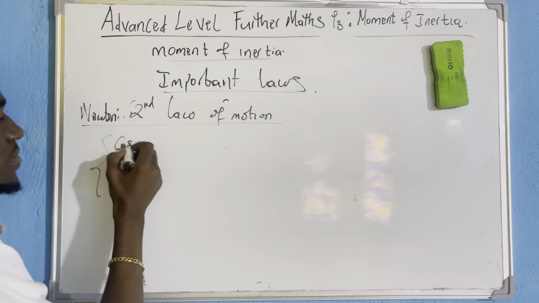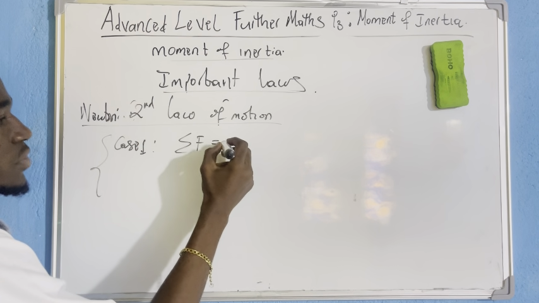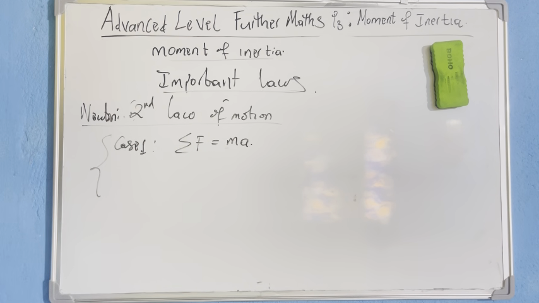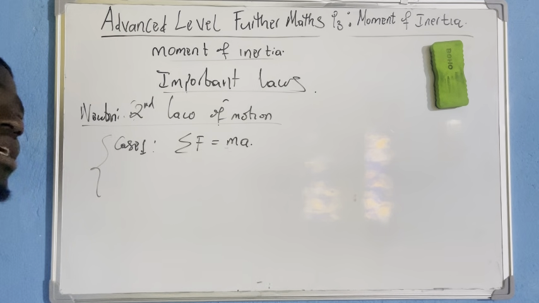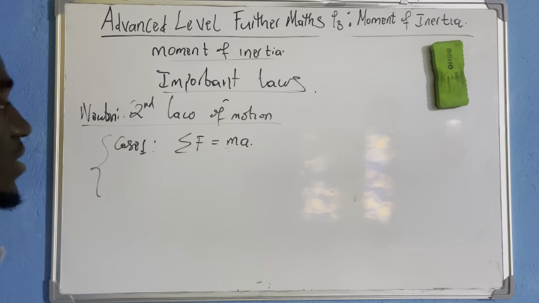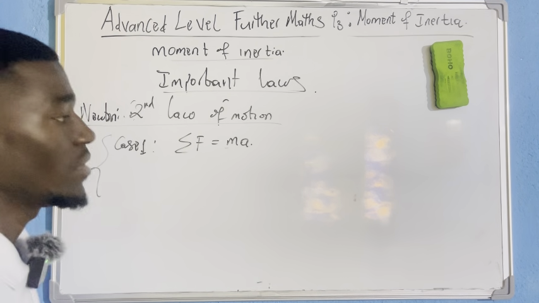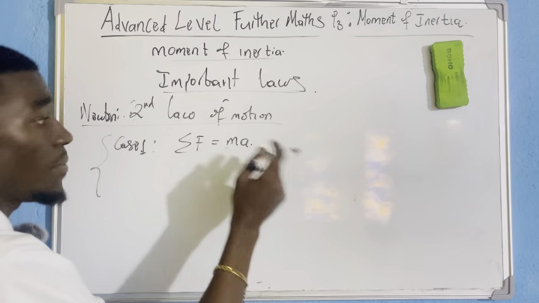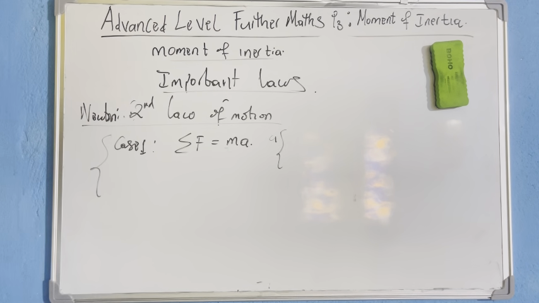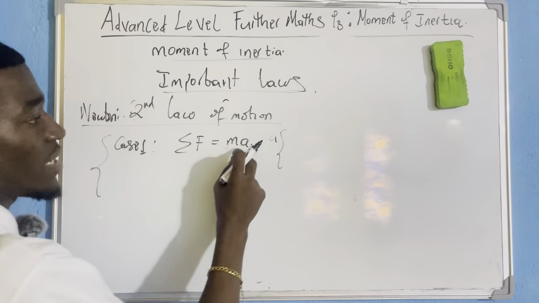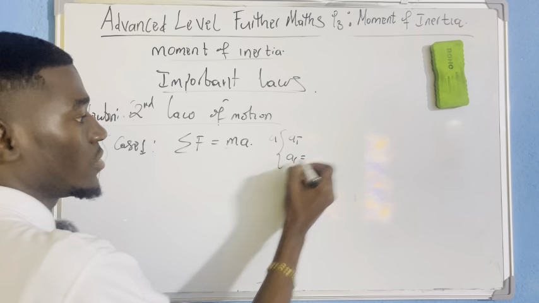The first case is that the summation of the forces acting on the body should be equal to MA. In French, they call it relation fondamentale de la dynamique. The summation of forces equals MA, where A has two components. When a body is undergoing a rotational motion, the acceleration has two components, one tangential and one radial.